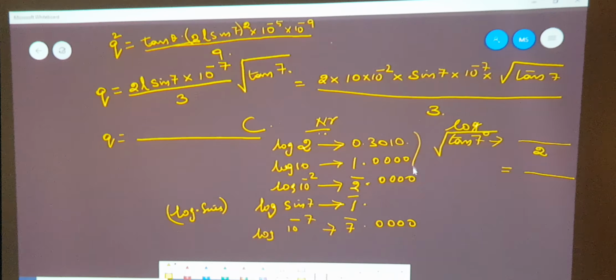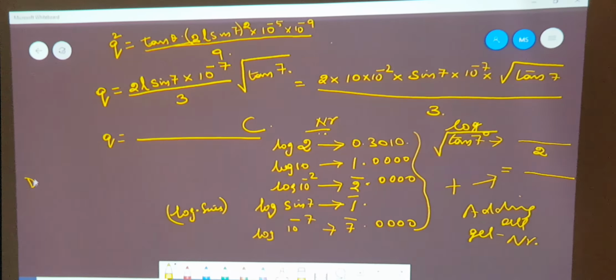Now, all this plus this value gives you the numerator. Adding all, you get the numerator. Then you consider the denominator. What is the denominator? 3. Log of 3 is 0.4771.